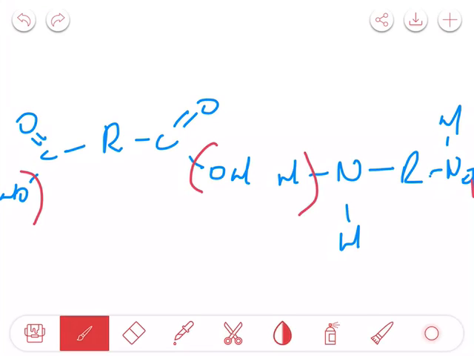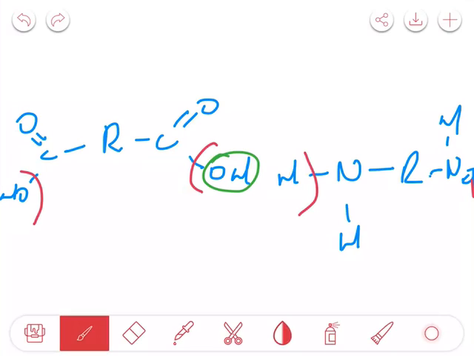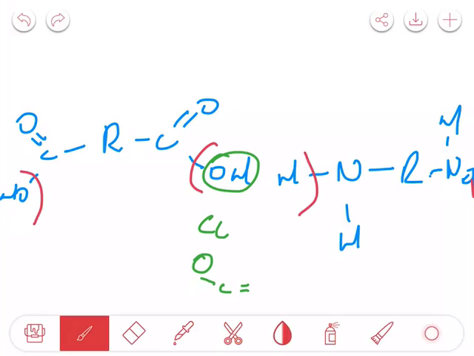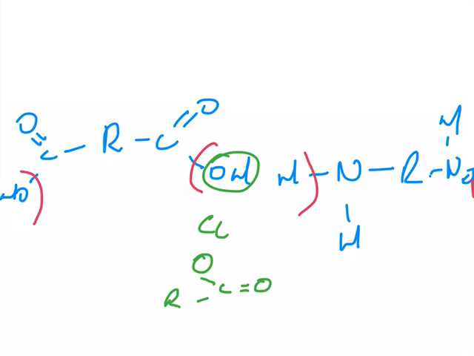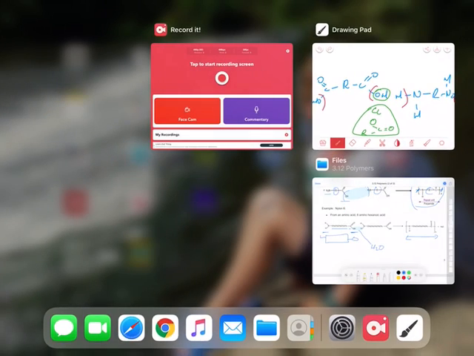But of course, we know from the amines and also the derivatives of the carboxylic acids that these don't have to be an OH. It could be a Cl, which would make it an acid chloride. It could also be an acid anhydride, which would have another O. I'll draw it, CO, and then an R group down here. So just be aware when we're doing polymerization to make the polyamides that it is not unusual to see derivatives being used instead of the carboxylic acid.